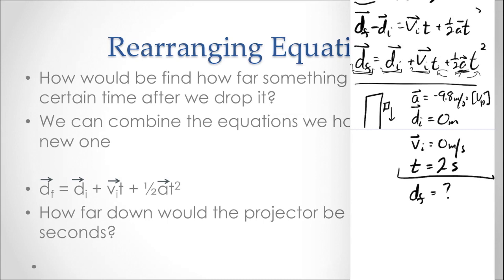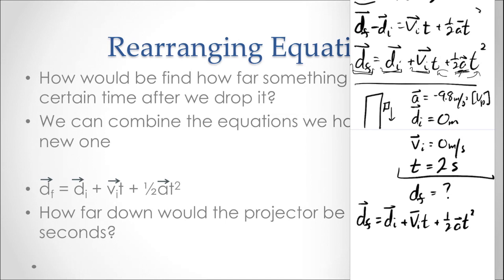We can use our original three equations and have a long line of work that finally takes us to the answer. Or we can use our new equation, df equals di plus vit plus 1/2 at squared, where these are all vectors.